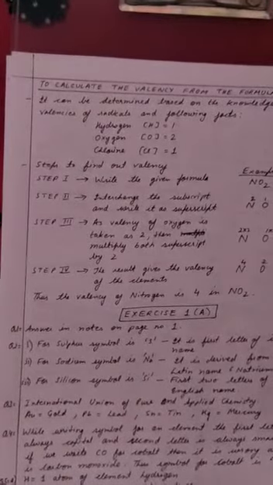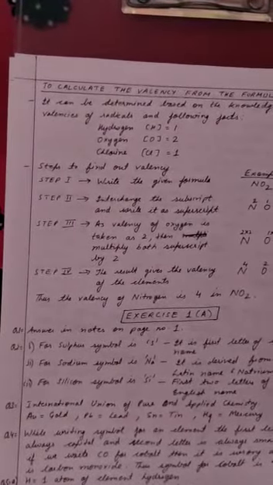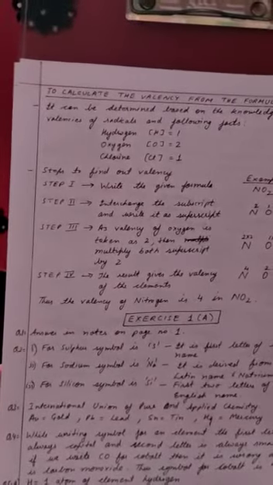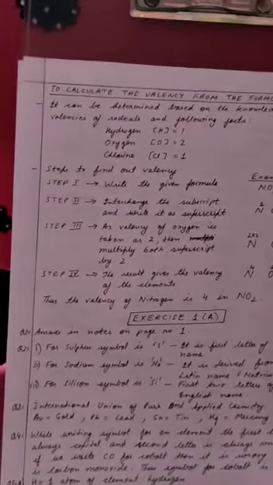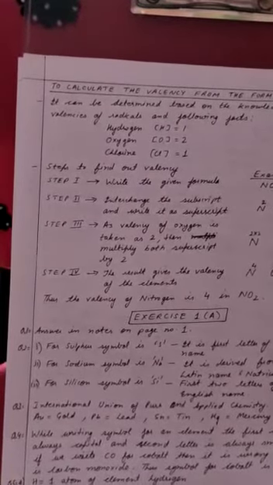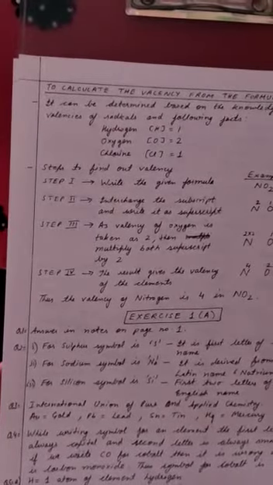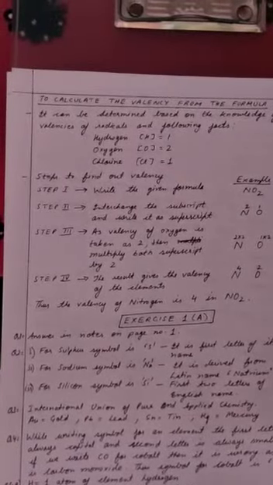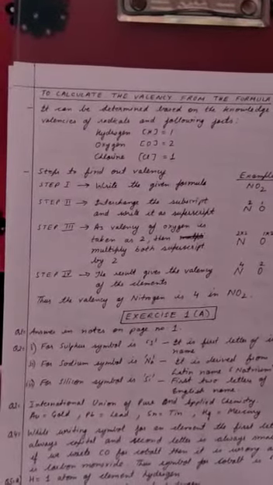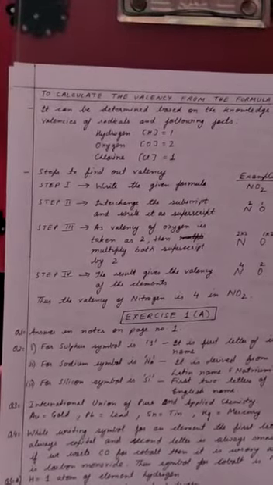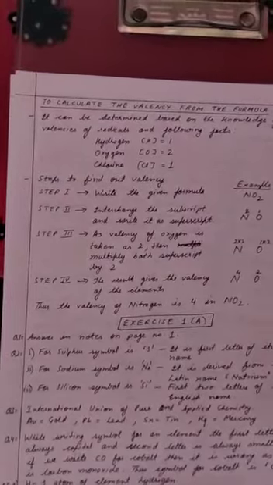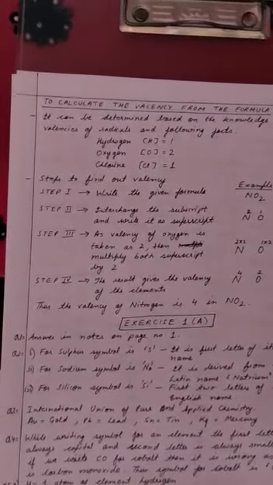That is, hydrogen is said to have valency always 1, oxygen valency 2 and chlorine valency 1. Then the steps to find out the valency I will do along with an example. So step 1 is to write the given formula. So here the formula is NO2, that is nitrogen dioxide.